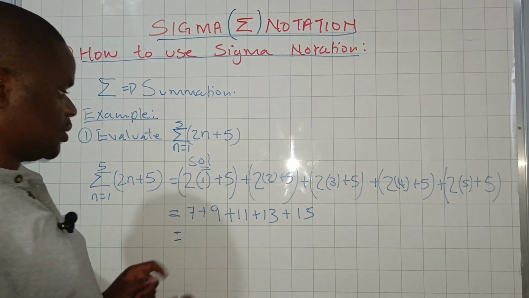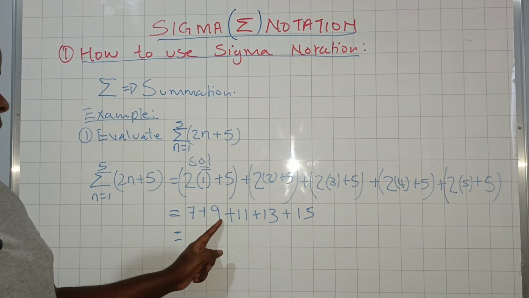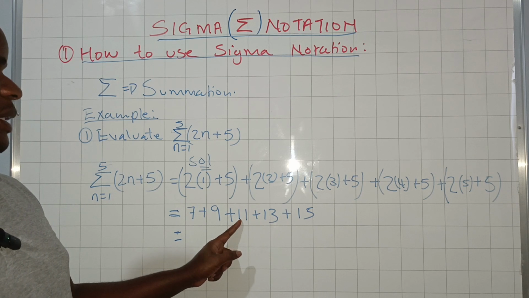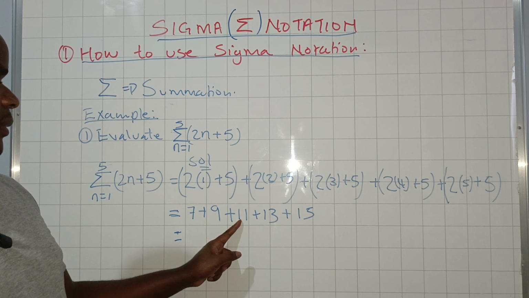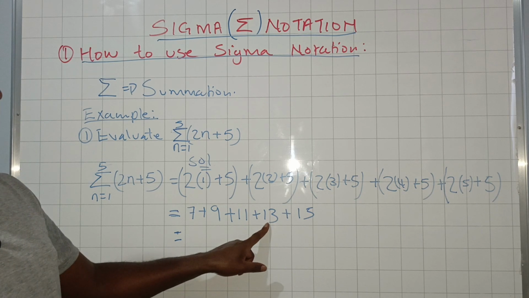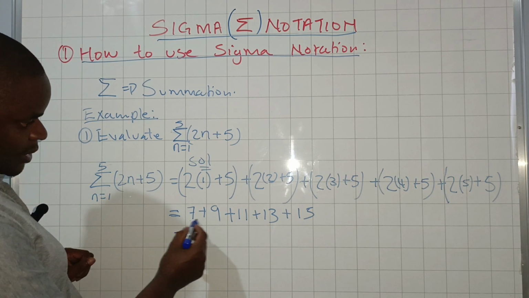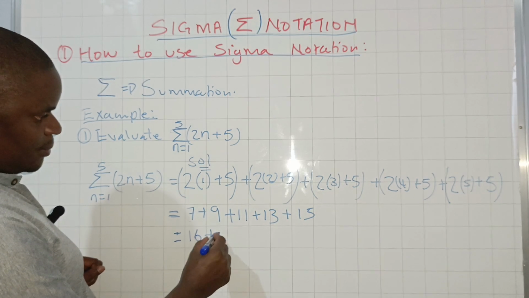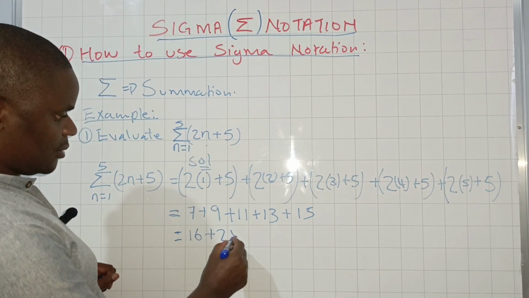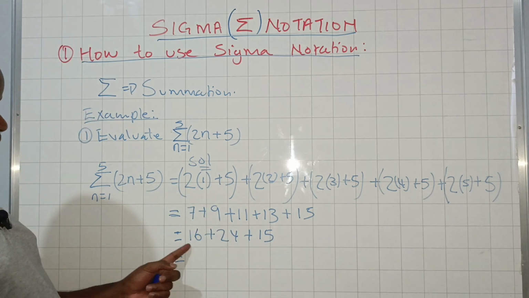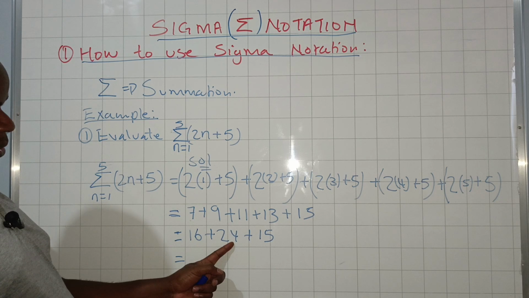And the final answer there is going to be 7 plus 9, that's 16. 16 plus 11, that's going to be 27. 27 plus 13, that's going to be, let's work it out slowly. 7 plus 9, that is 16, plus this is 24, plus that is 15, and that is going to be equal to this plus this, that's going to be 40.